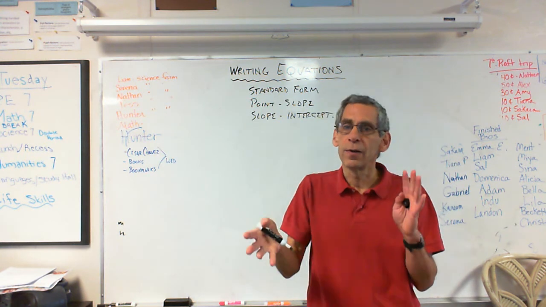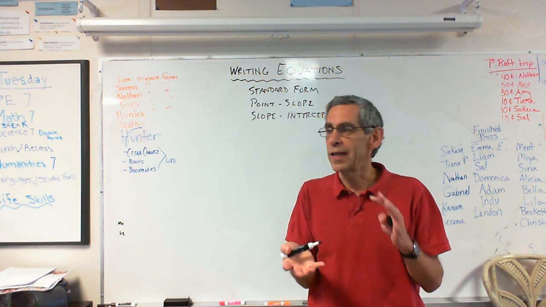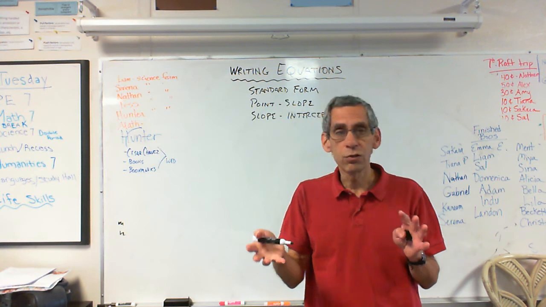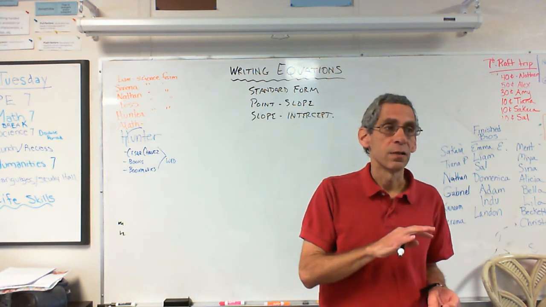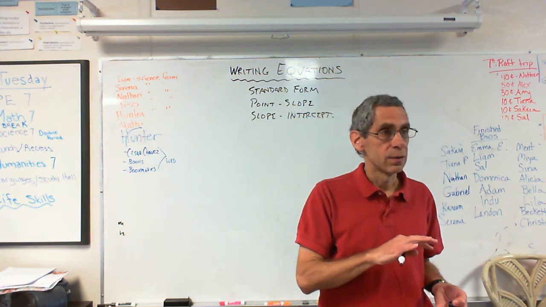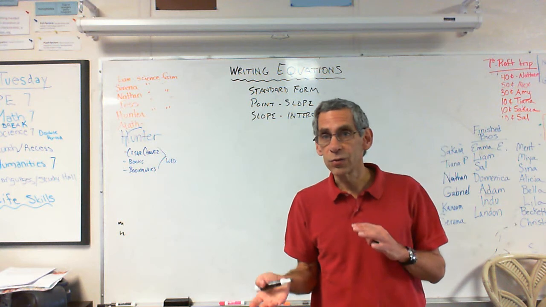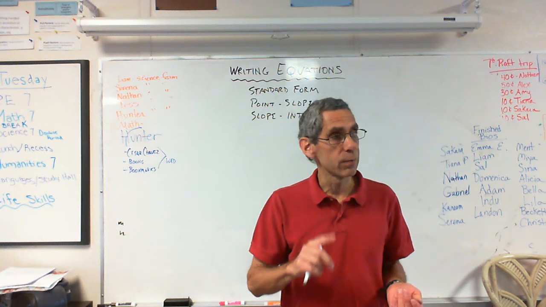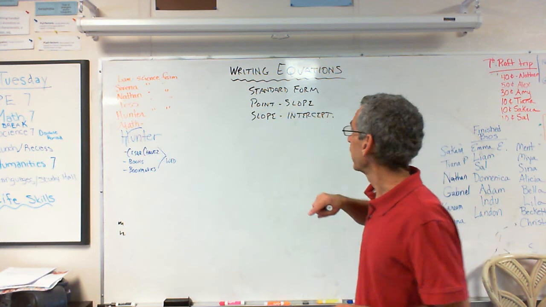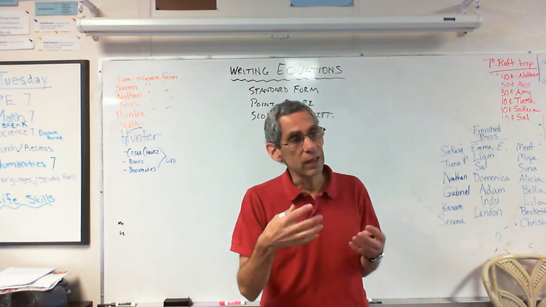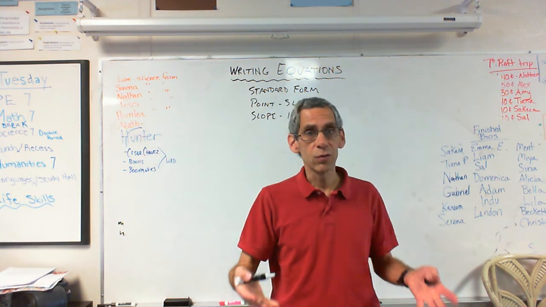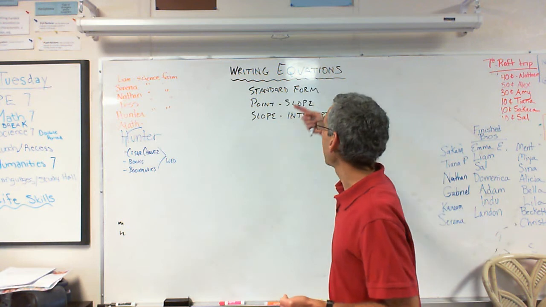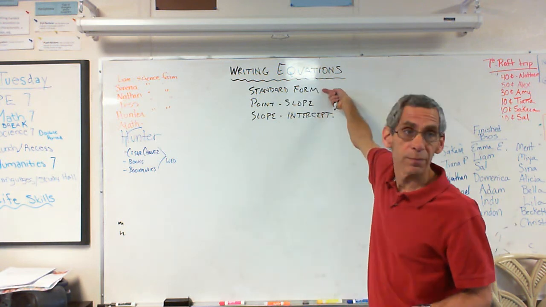Now I'm going to talk about what if I gave you data and asked you to write an equation from that data. Some of this is really easy, and there's one aspect we haven't learned yet, which we'll talk about today. In general, you're probably not going to use standard form.